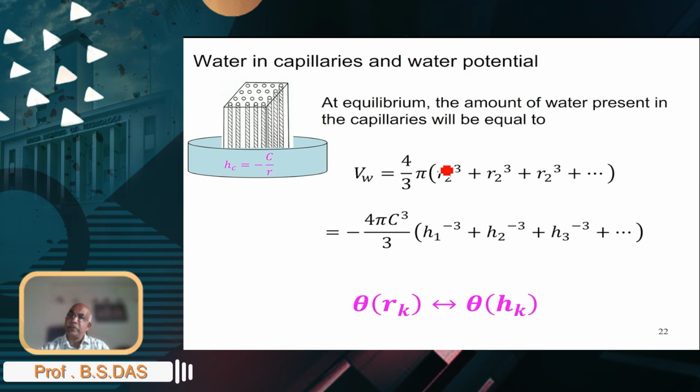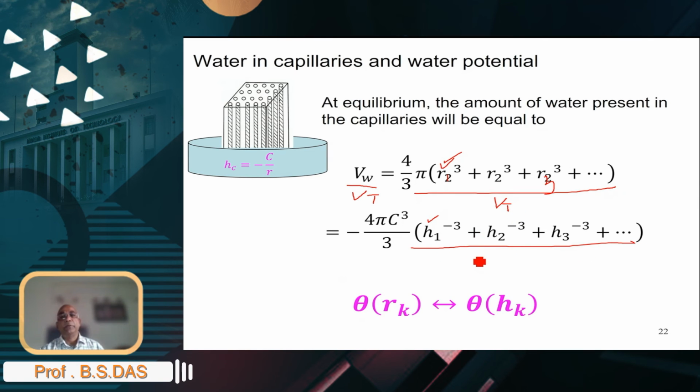Each of these radii should be like R1, R2, and R3. So you should be able to think about replacing this R1 with an H1, right? And then of course, you divide this V by VT, so all that divided by VT.